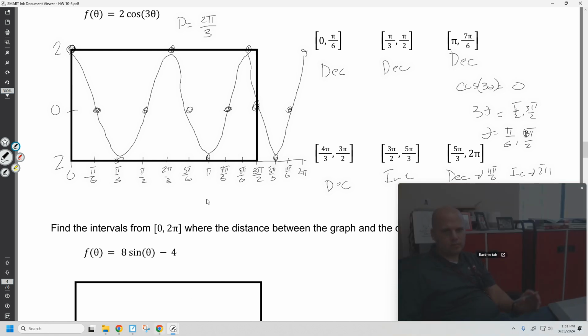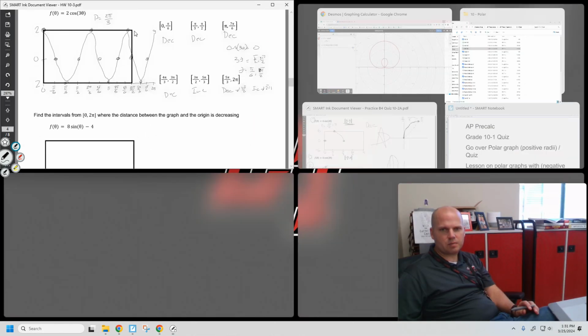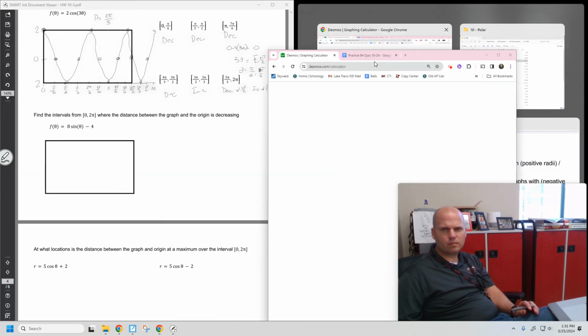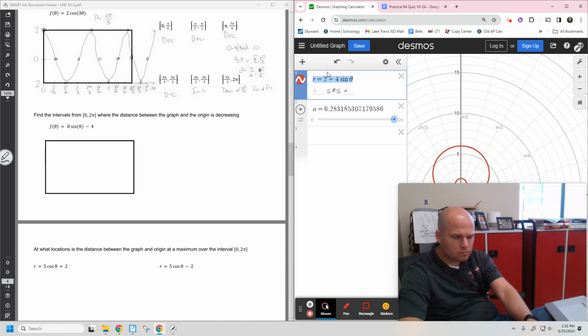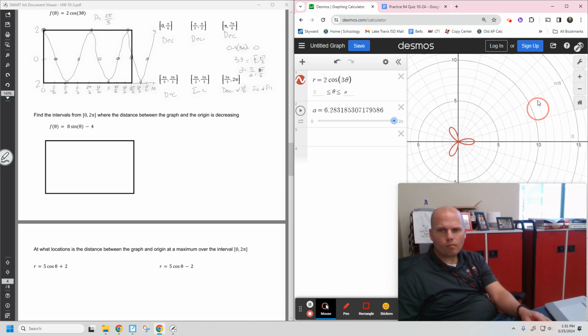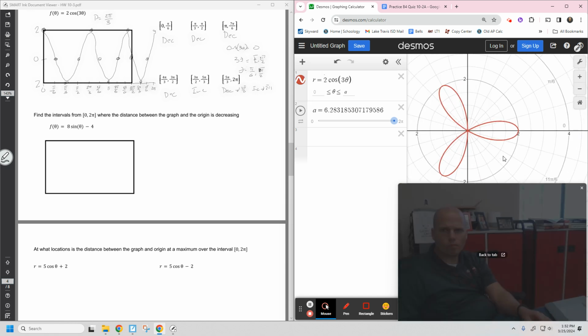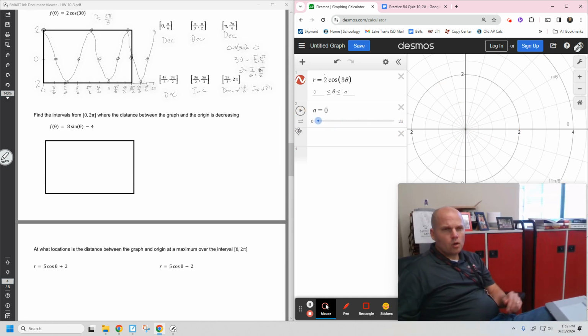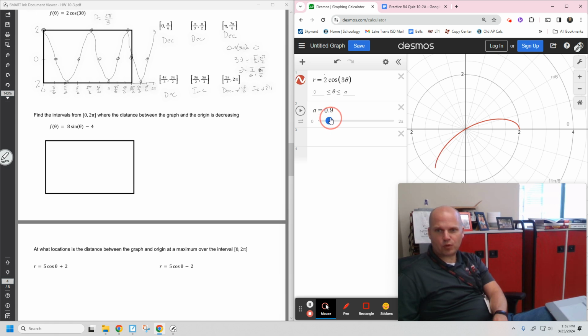Here's what we're seeing. Let's look at this at the same time as Desmos. From 0 to pi over 6, my radiuses go from 2 to 0. From pi over 6 to pi over 3, I get to a radius of negative 2. So from pi over 6 to pi over 3, my radiuses are negative.